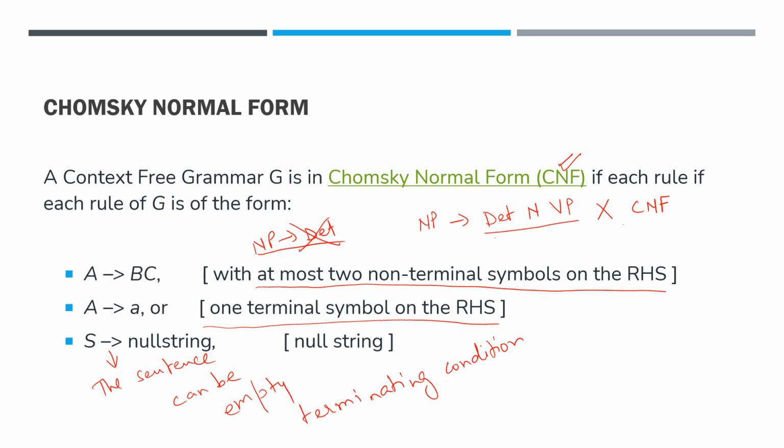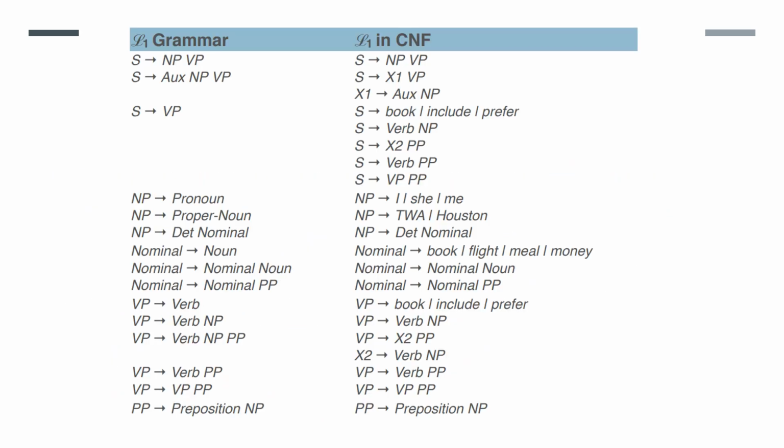So using this, first thing is whatever grammar we are having, we have to convert. As we learn, we need to convert my grammar into the Chomsky normal form, that is CNF form.